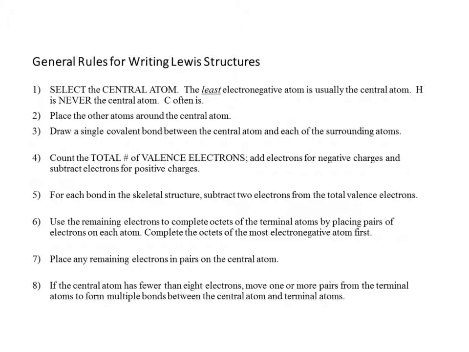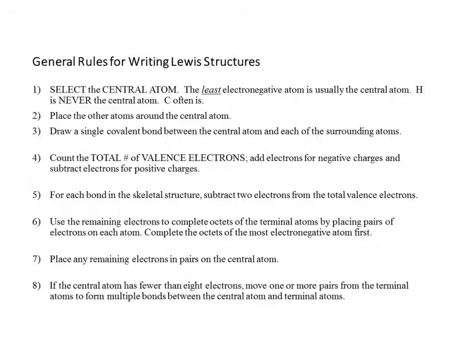And let's say you had carbon tetrachloride, CCl4, you would space out the electrons around all four of those as you move around, and I'll show you how to do that in a minute. And then if you have any remaining pairs, you're going to put them back on the central atom.